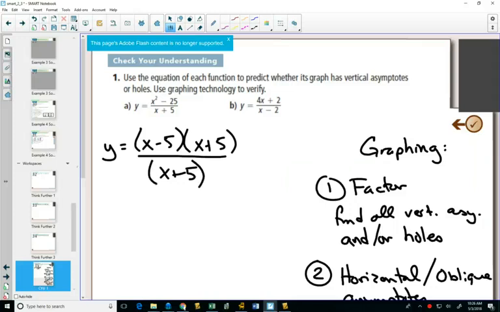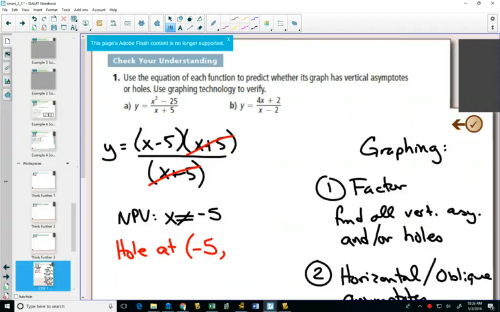Our non-permissible value, x can't equal negative 5, but what happens to our non-permissible value? It simplifies. So we have a hole. And that hole, the x-coordinate will be at negative 5. We find the y-coordinate by plugging it in, and we get negative 10.